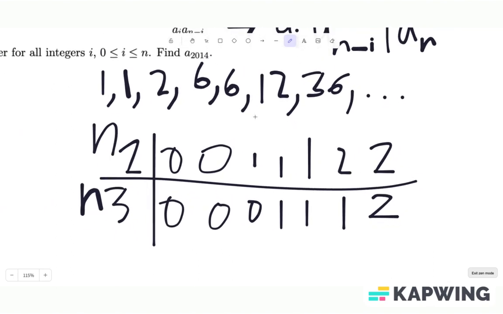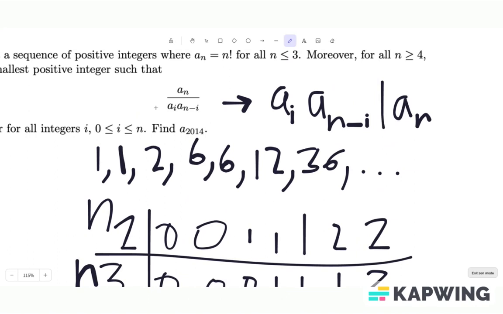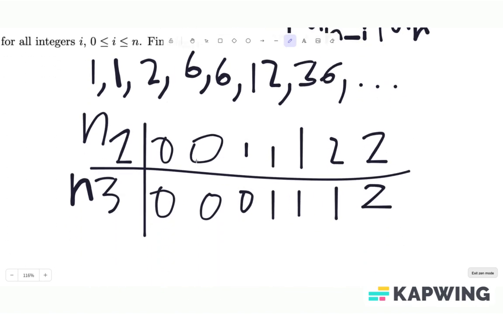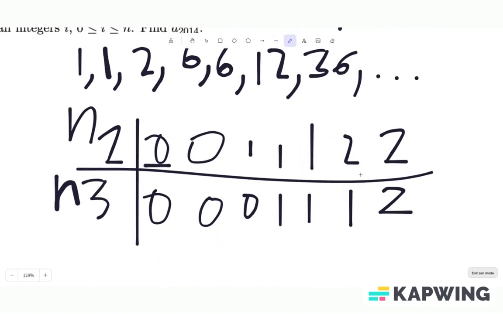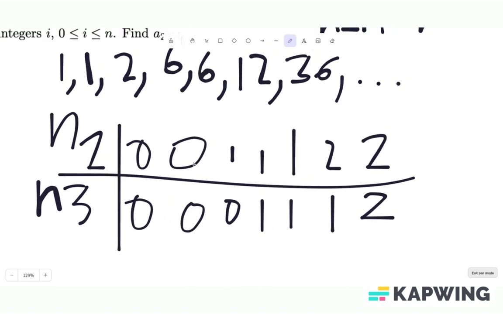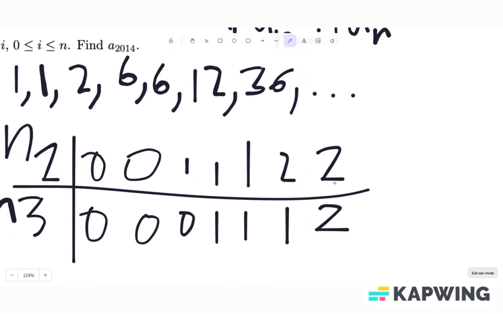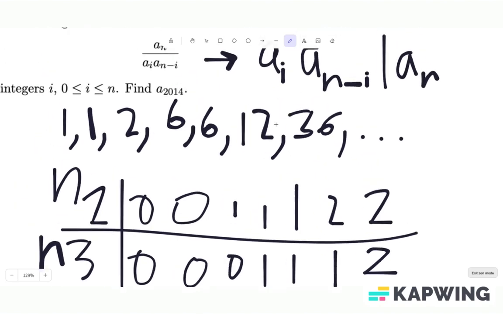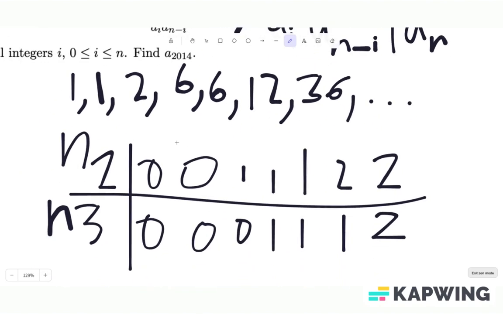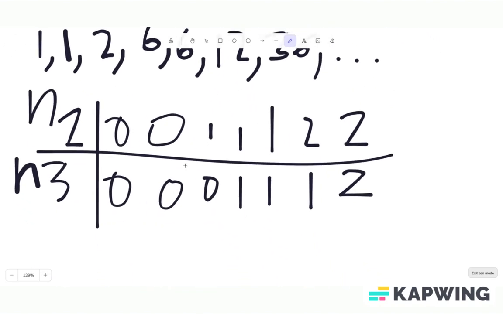To see what's happening here, all we're doing is the process from before. We're taking this product that depends on I and going inward. So a sub 7 would be, with I equals 1, a sub 1 times a sub 6.